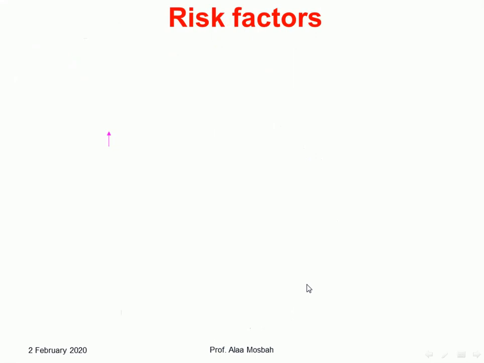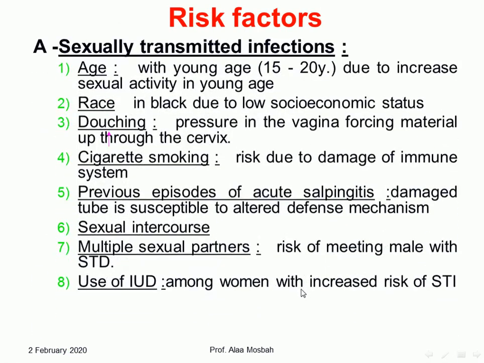So what about the risk factors? The most important one is sexually transmitted infections. All sexually transmitted diseases are important, especially chlamydia and Neisseria gonorrhea. There are certain factors that increase the risk of infection, like age, with young age 15 to 20 years, because of increased sexual activity in young age in certain countries. Race, in black races due to low socioeconomic state.